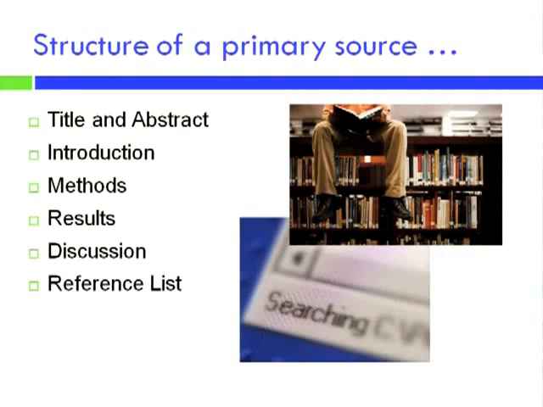It has a method section that tells you how they did the study, what the instruments were that they used, what the participants were, all of those things that you have information on about your data sets. They have the results, so the statistical analyses of the data. They have a discussion, which evaluates those findings and puts it in the context of previous literature, and then it has a reference list. So if you have a paper in your hand that has generally those sections in it, you know it's a primary source journal article.